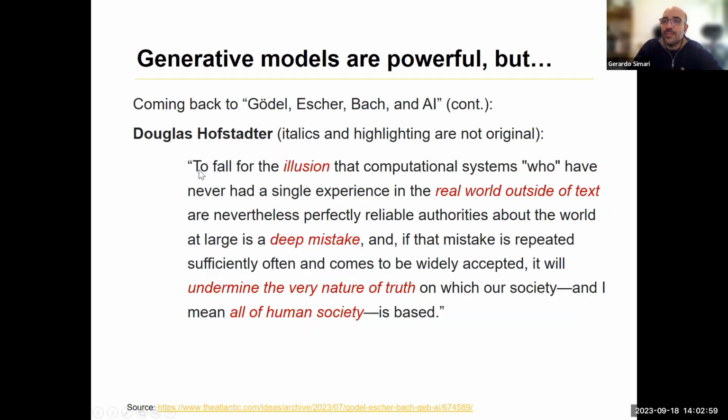So the second one is to fall for the illusion that computational systems who have never had a single experience in the real world outside of text are nevertheless perfectly reliable authorities about the world at large is a deep mistake. And he warns, if that mistake is repeated sufficiently often and comes to be widely accepted, it will undermine the very nature of truth on which our society, I mean all of human society, is based.